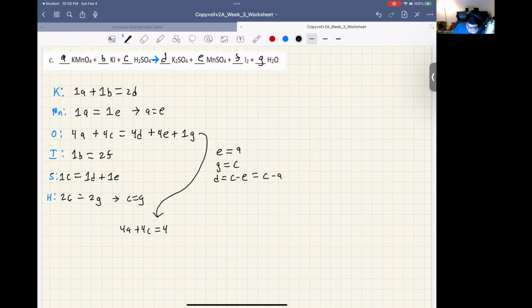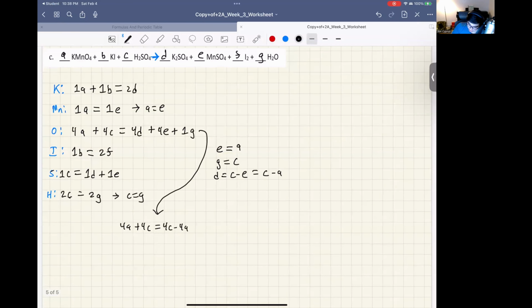So that's 4C minus 4A plus 4E, which is 4A, plus 1G, which is C. All right, so you can go ahead and cancel out your like terms. You get 4A plus 4C is equal to 5C. And then we end up getting C is equal to 4A. Oh, nice. Now we got C out of the way.